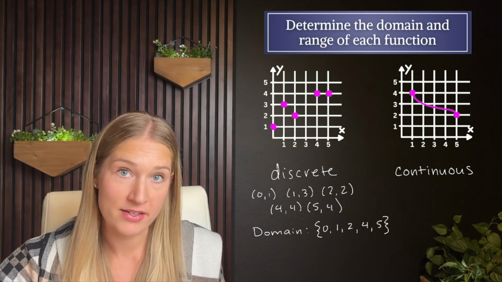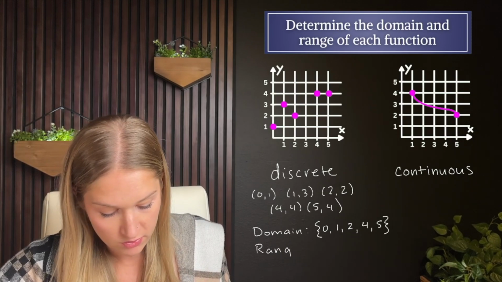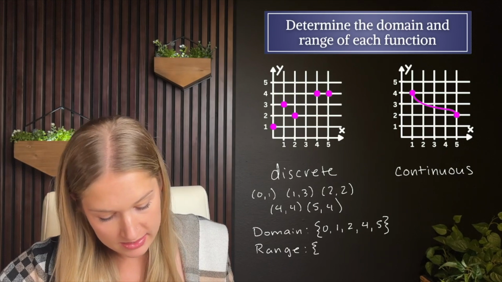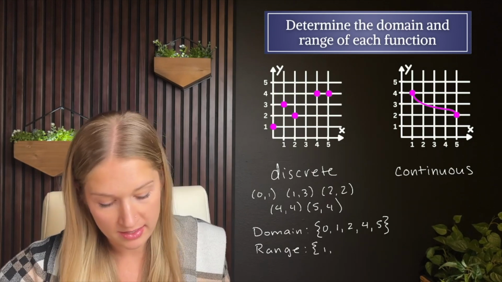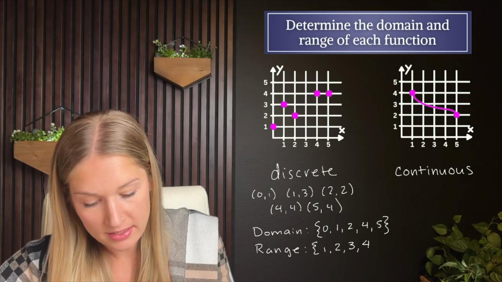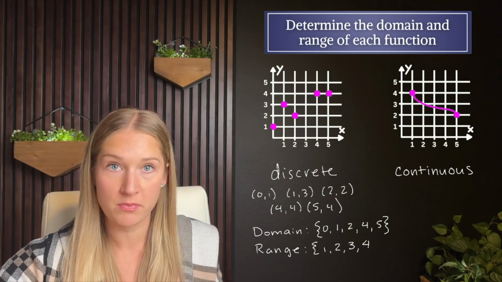For my range, I look at the y values that I have, again just looking at my ordered pairs. I see 1, and I would like to put them in order, so I go 1, 2, 3, 4. If you notice, I have a y value of 4 in two different places.